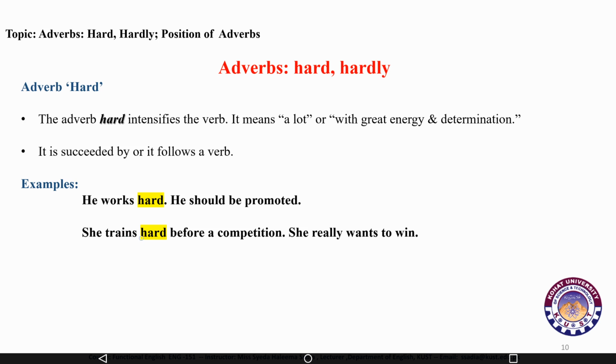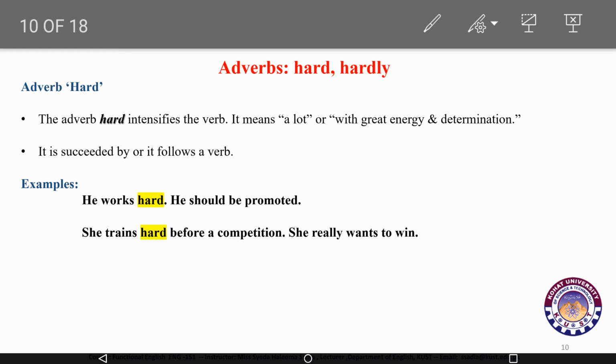So the adverb hard always follows a verb. And why is it used? It's used to intensify the verb. Like he works, okay, he trains before competition, okay. But if we say she trains hard before a competition because she really wants to win, it's intensifying the whole meaning, the whole idea. Got it?